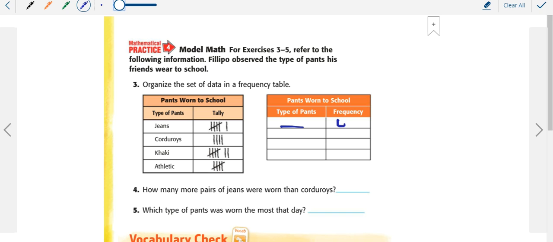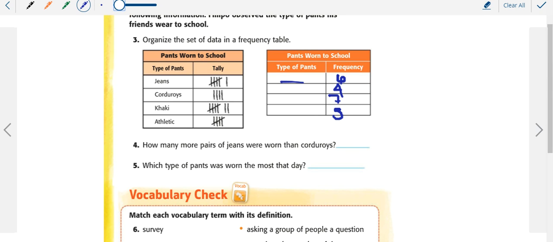Jeans has 6, corduroys have 4, khakis have 7, and athletic has 5. Okay, now let's answer the question. How many more pairs of jeans were worn than corduroys?